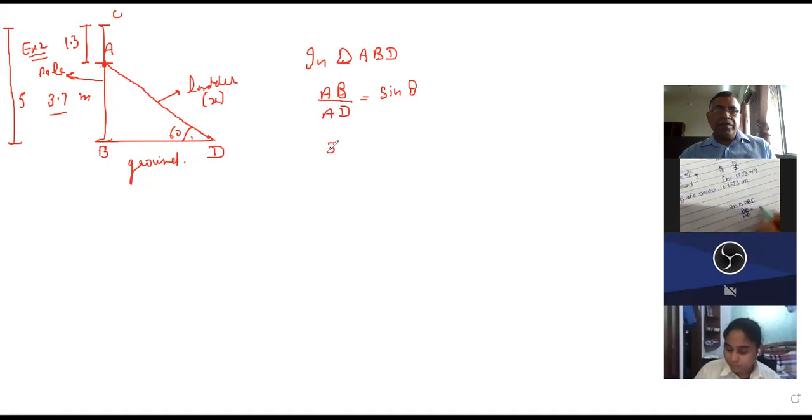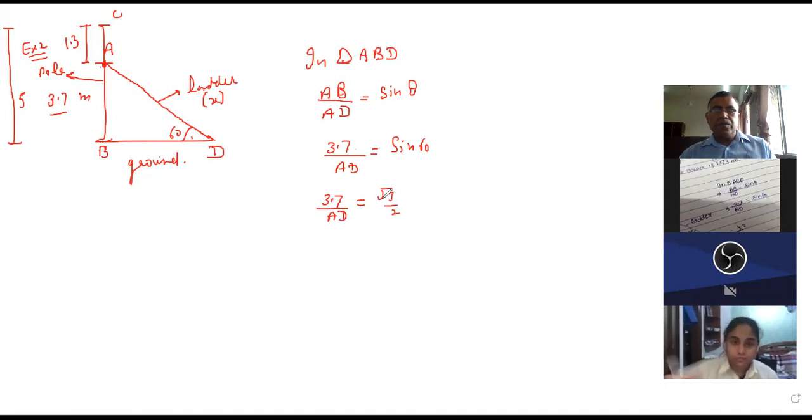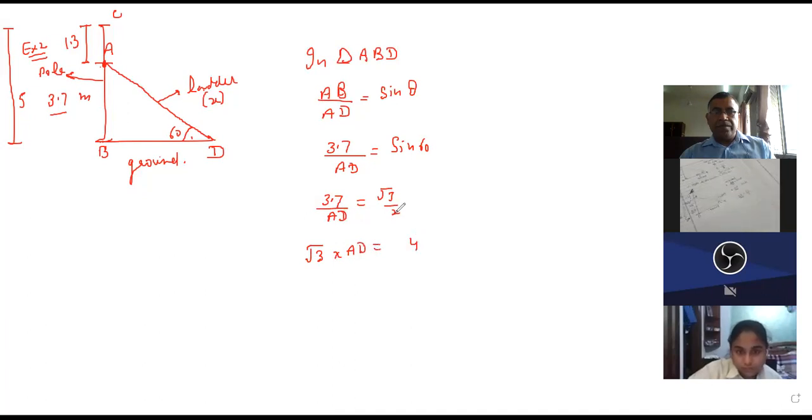So the value of AB is 3.7. The value of AD I don't know, which is equal to sine theta, this is 60. So 3.7 upon AD is equal to under root 3 upon 2. So under root 3 times AD is equal to 7.4, and AD is equal to 7.4 upon under root 3.